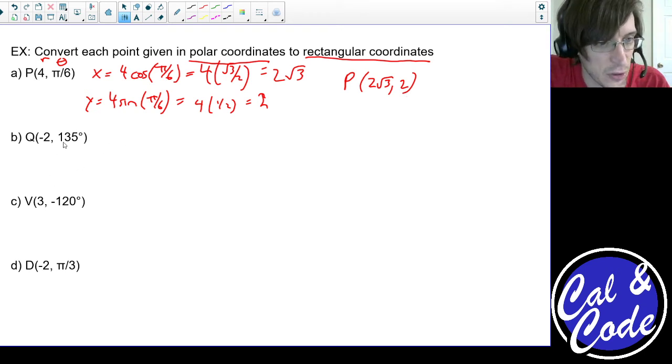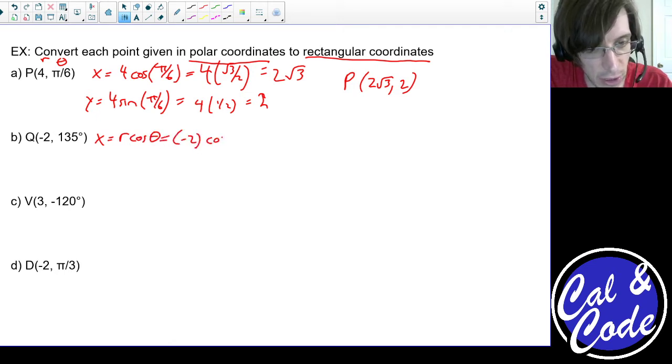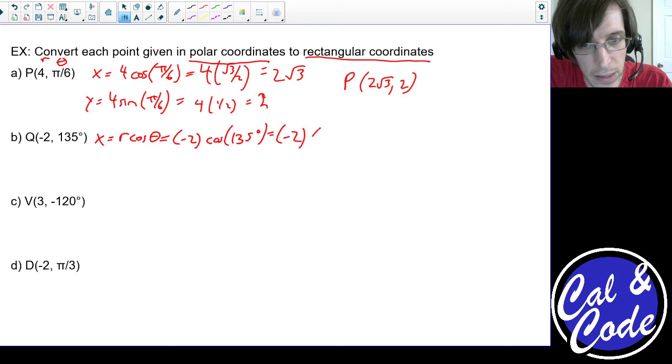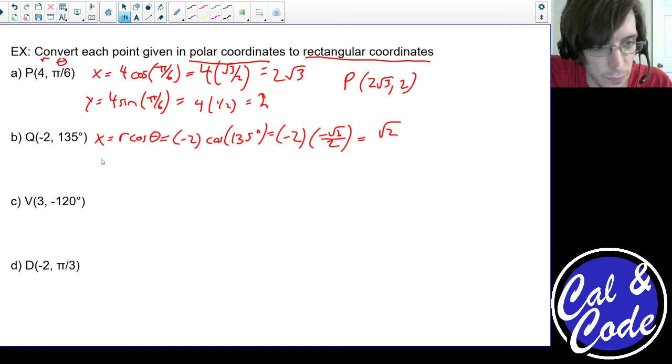What about negative 2, 135 degrees? I can just do the same thing. X equals r cosine theta, so that is negative 2 times the cosine of 135 degrees. Cosine of 135 degrees is negative root 2 over 2, so my final answer is positive root 2.